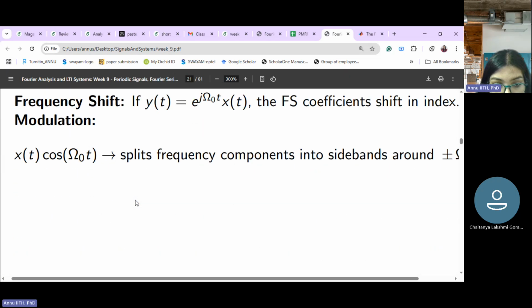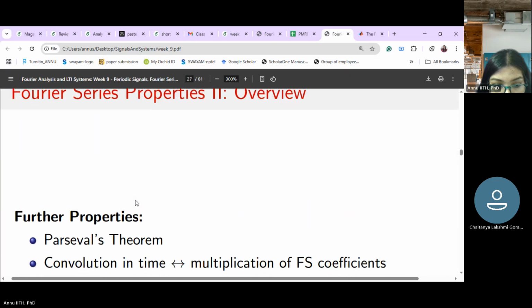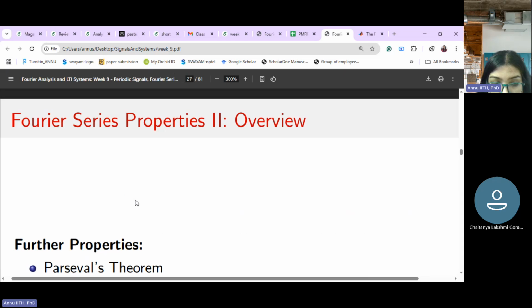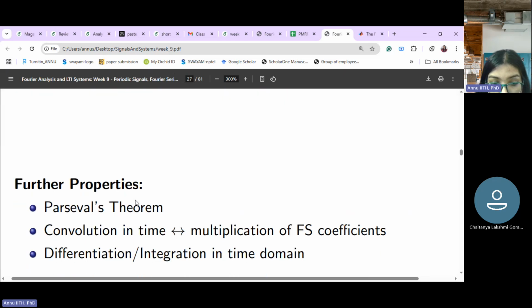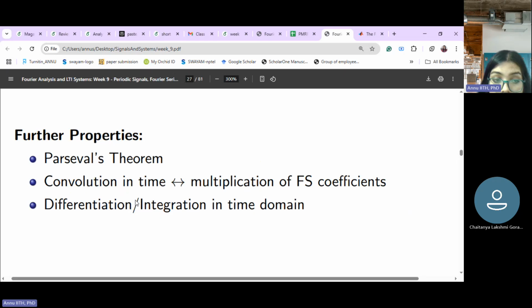Now we saw this. I want to show some of the more detailed properties of the Fourier series, which are Parseval's energy theorem, convolution in time, and differentiation and integration in the time domain. Parseval's theorem can be written in the form of energy or power. If you have a periodic signal, then you have Parseval's power theorem; if you have a non-periodic signal, then you have Parseval's energy theorem.